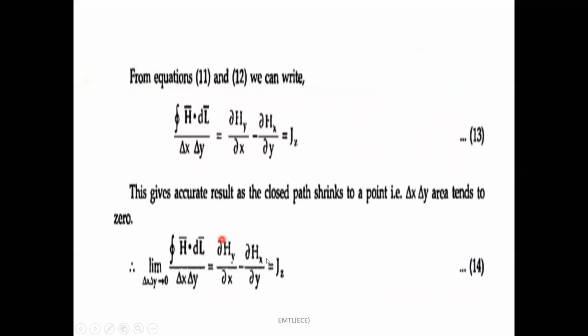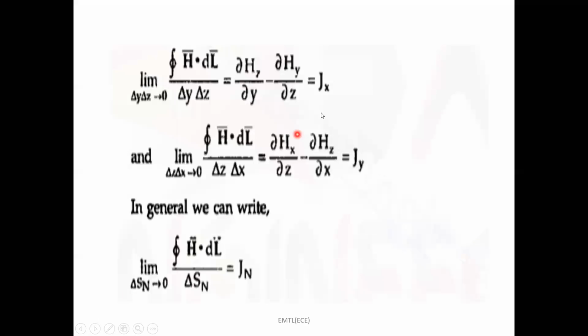This is the expression for the magnetic field intensity where the current passes along the z direction, which is equal to Jz. In a similar manner, when the current moves along the x direction, this is the expression for the magnetic field intensity.